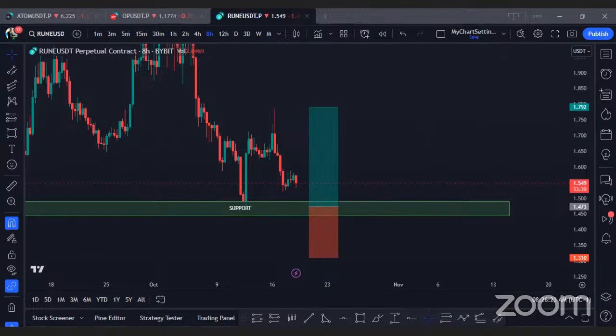So 1.47. I should have used my phone actually. Okay, guys, give me a moment. Let me refresh my stuff. None of these things is working. I want to see where the liquidation price is.